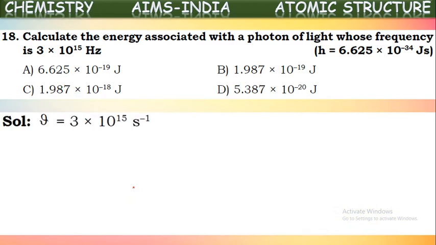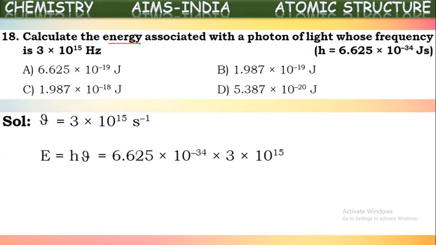They have given the frequency of that radiation. Frequency of a photon is given as 3 into 10 to the power of 15 per second. Now they're asking to calculate the energy. What is the relation between the frequency and energy? We have E is equal to h nu, where h is a constant called Planck's constant, whose value is already given here as 6.625 into 10 to the power of minus 34 joule second.